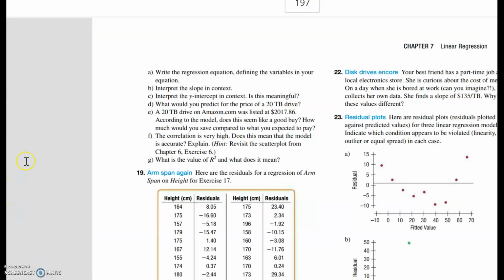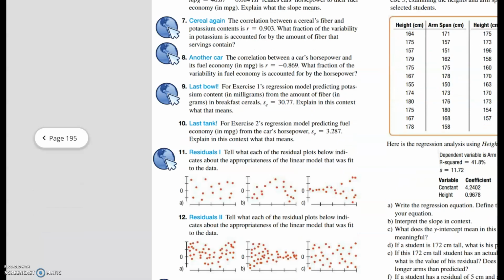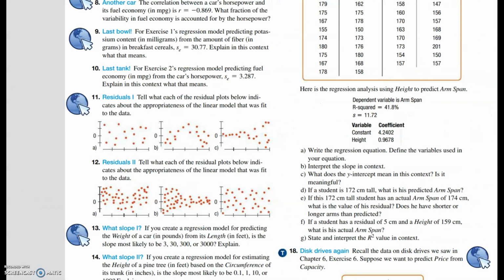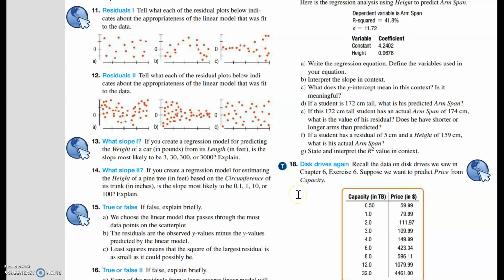Okay, now does that even make sense? Let's go back to our raw data here for a minute. So does the price really go up by $142 for every terabyte? That seems pricey, but this data up here is a couple years old now. But you can see that, for example, you go from 3 terabytes to 4 terabytes, the price went up only $40.